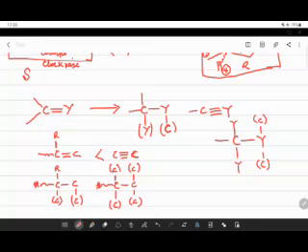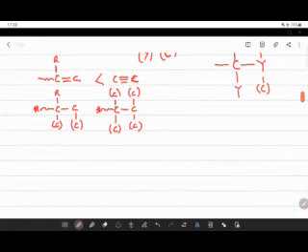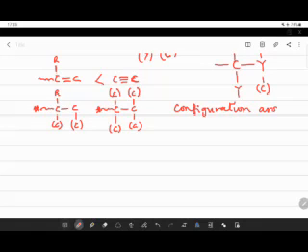Several examples of this are given in your slides, so you can take a look at these carefully, work out all the examples so that you can become perfect at identifying or determining the configuration around chiral centers or chiral carbons.